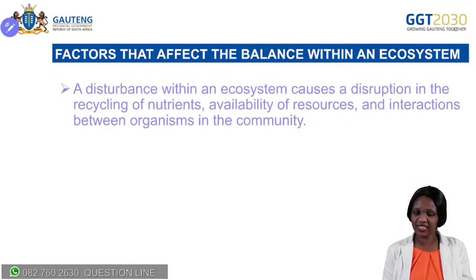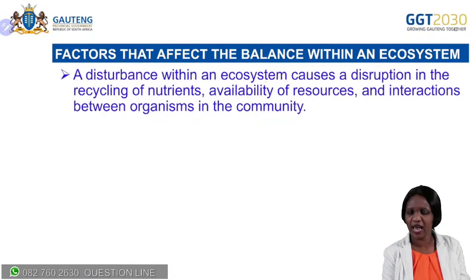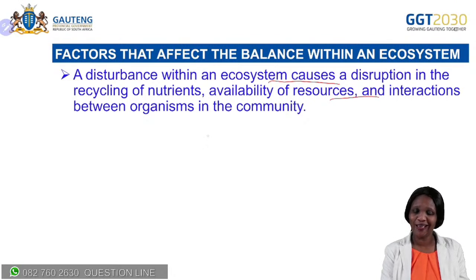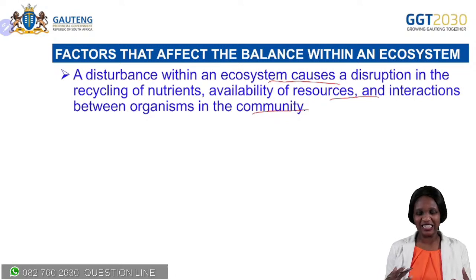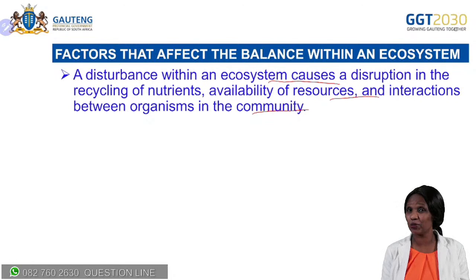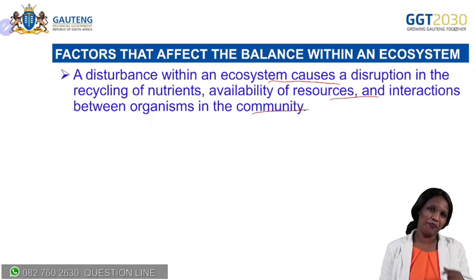And then factors that affect the balance within an ecosystem. A disturbance within an ecosystem causes a disruption in the recycling of nutrients, availability of resources, and interactions between organisms in a community. All right. That's where the problem is now.